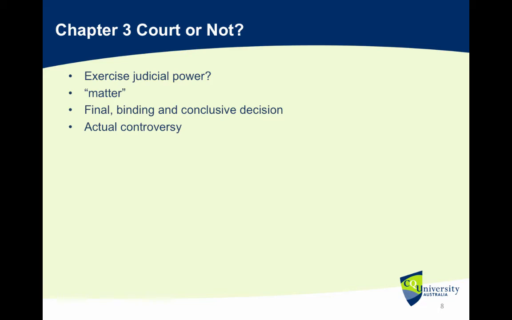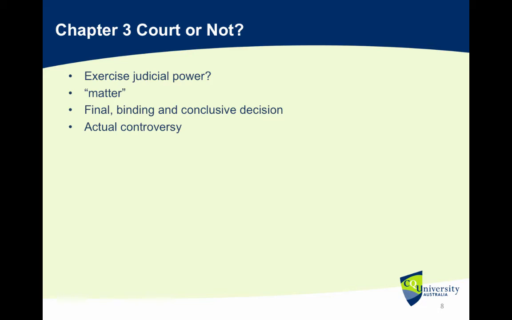So, how do we determine, for example, whether or not a tribunal or a court is a Chapter 3 court? We always go to that question of whether or not it is exercising a judicial power, because, as we said, under Chapter 3 of the Constitution, for example, in Section 75 of the Australian Constitution, the power of the High Court can only be invoked when there is a matter before it.